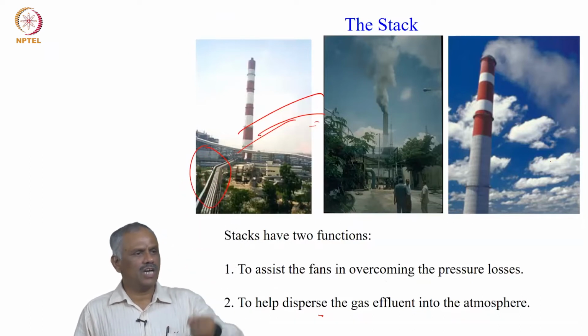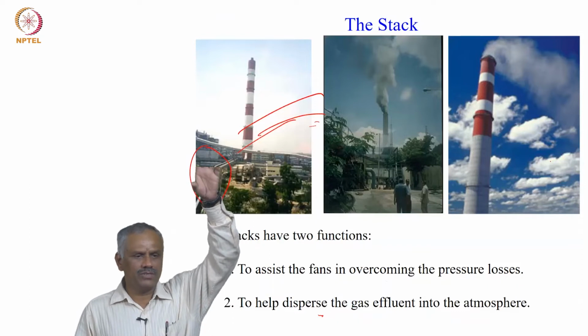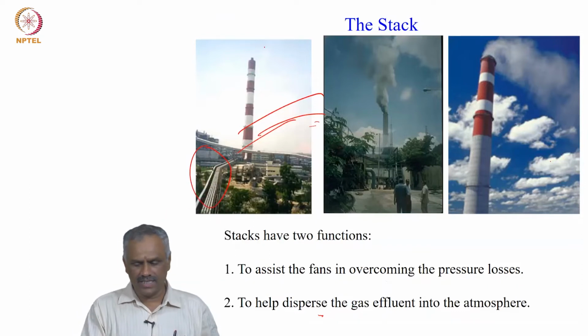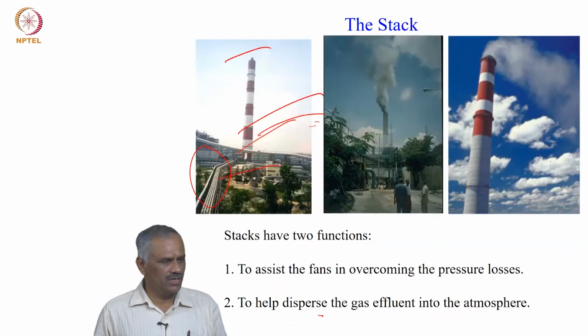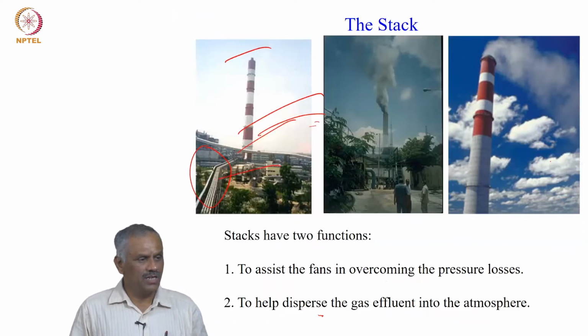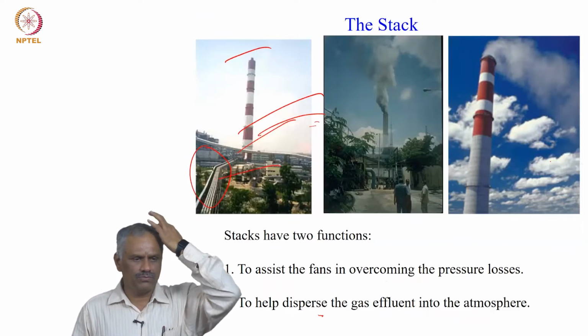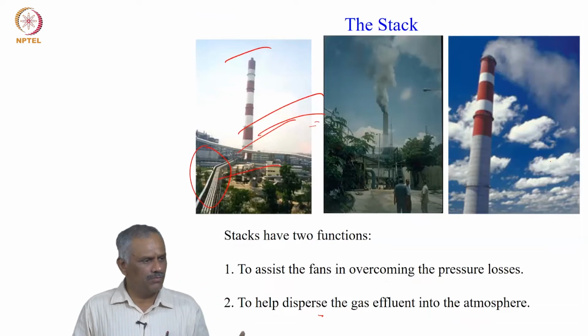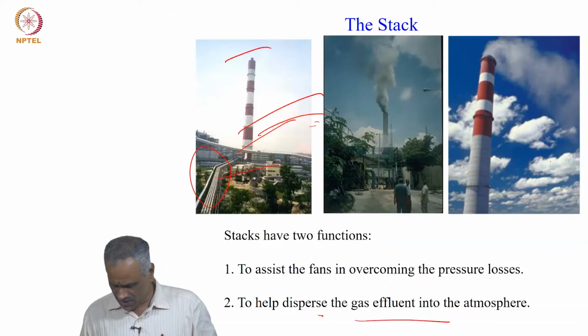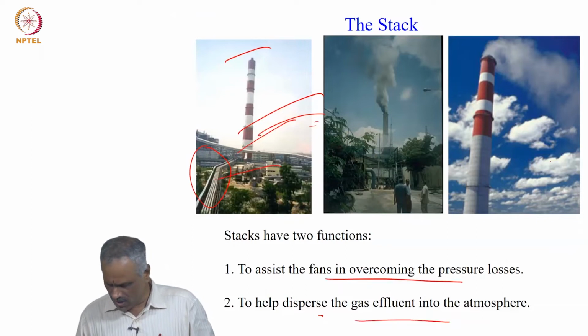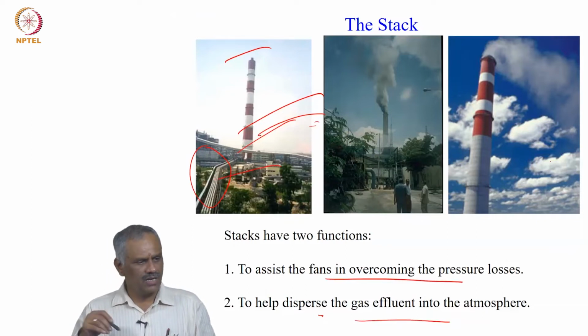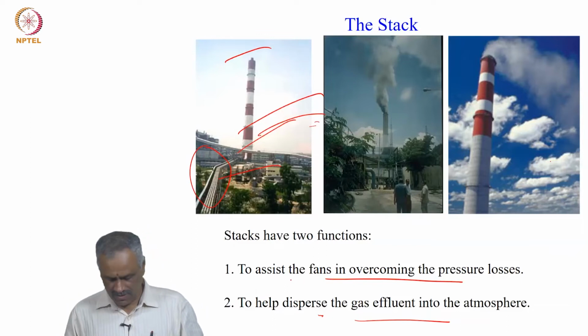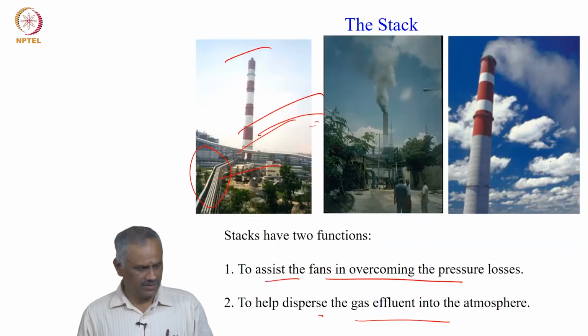So, if you channelize this and put it at a higher altitude, this height creates a pressure difference. That pressure difference drives the flue gases upward, so that the load on the ID fan reduces. So, that is the main objective, to overcome the pressure losses due to the pipes and all, and this assists the fans.